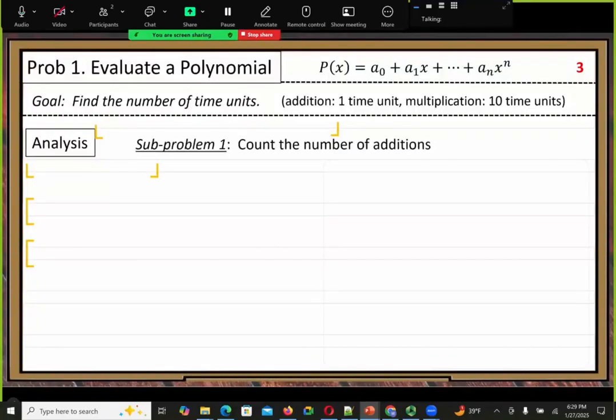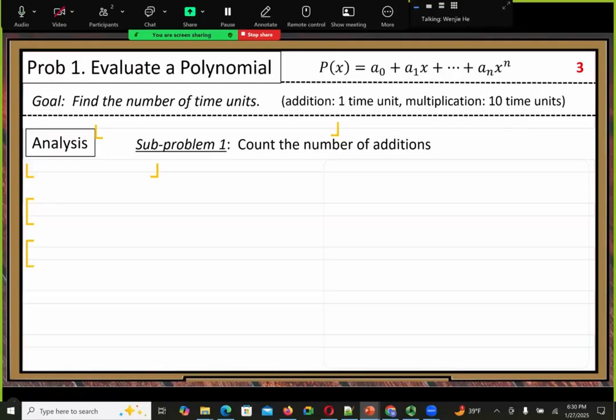All right. Subproblem, the first. The original problem is relatively big, so we want to break it into several subproblems and solve them one by one. The first subproblem: let's count the number of additions for this given polynomial.